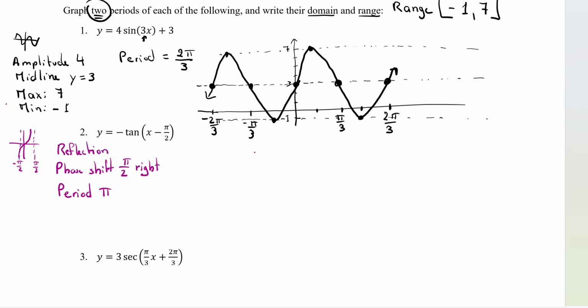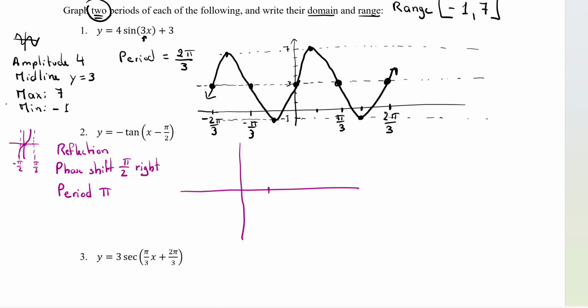So let's graph that. We have a phase shift of pi over 2. Normally I'm going through the origin here and I'm shifting that to pi over 2.